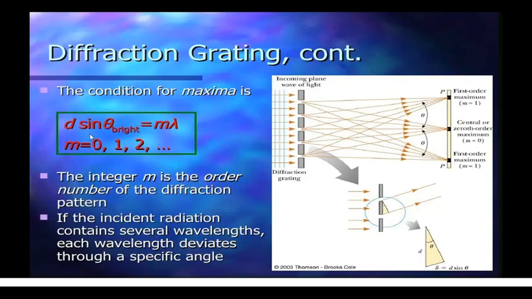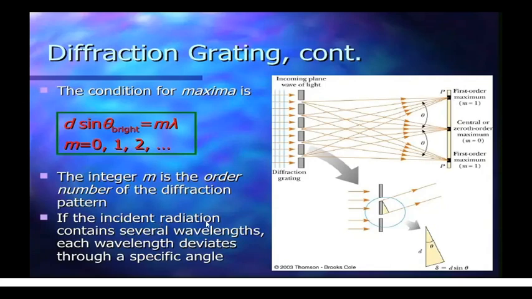And what is d? d is the distance between slits, and m is the order of the maximum. So this is the condition for getting the maximum intensity on the screen, or the condition for constructive interference.